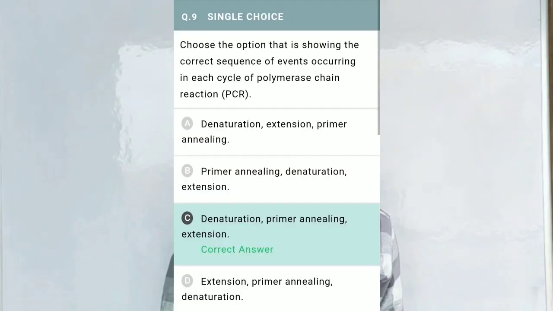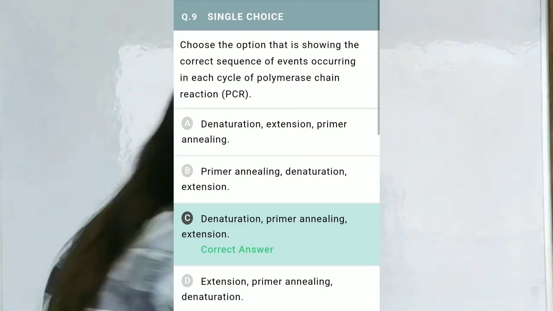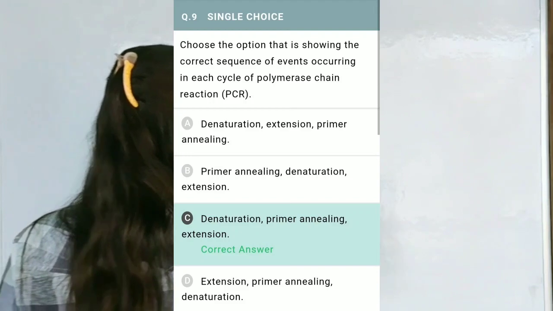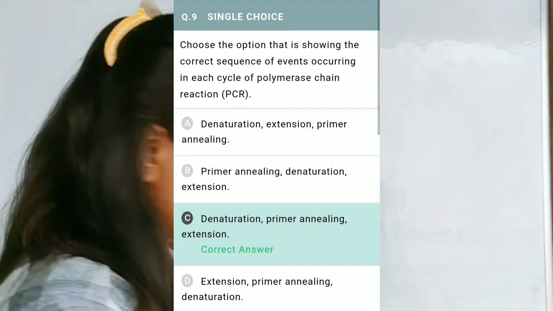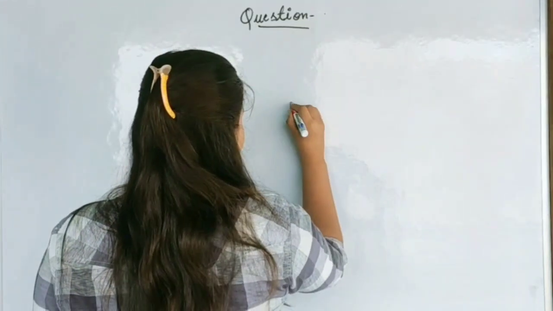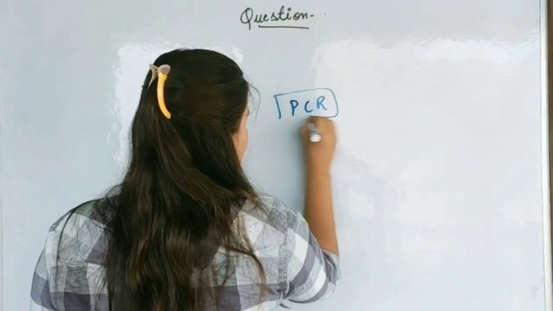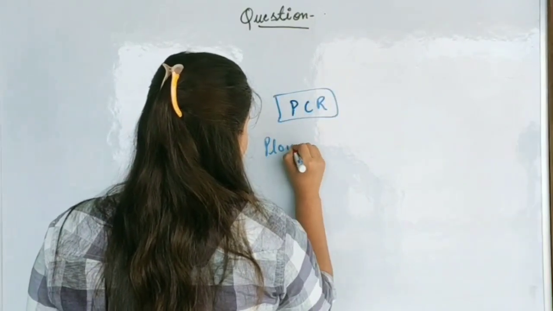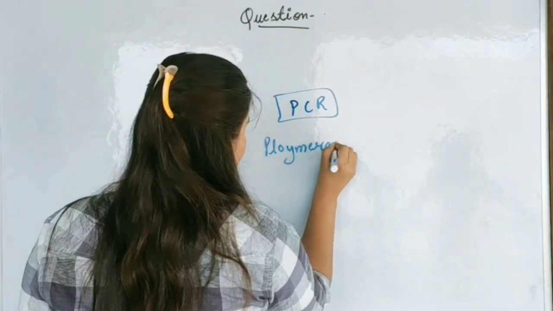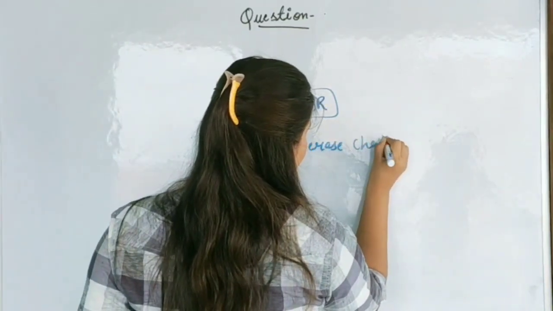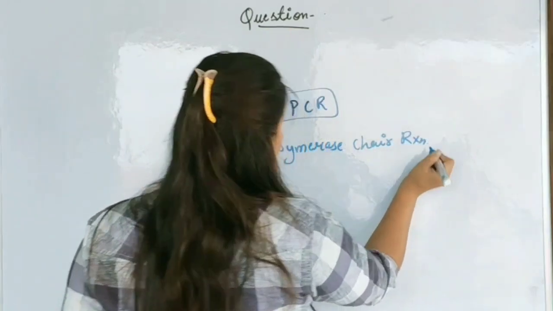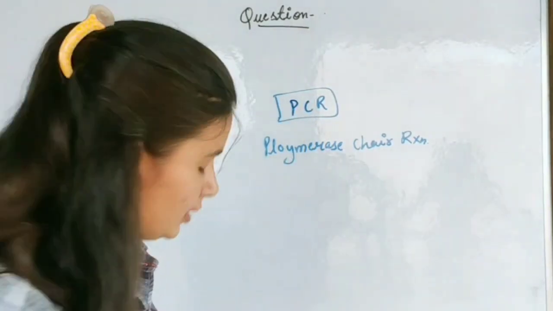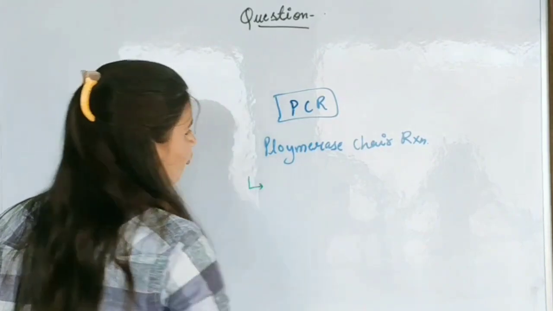Now question number 9. Choose the option that is showing the correct sequence of events occurring in each cycle of polymerase chain reaction. So if we talk about the polymerase chain reaction, that is PCR, we have to tell the correct sequence of the process.